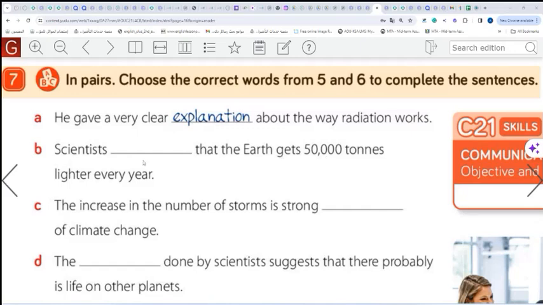This is a measure for the Earth's weight. Yes, right, Mr. Khalid. So it means that every year the Earth gets lighter or becomes lighter.